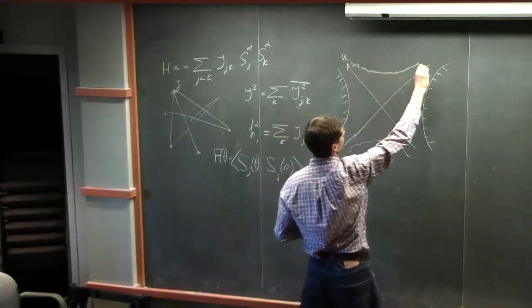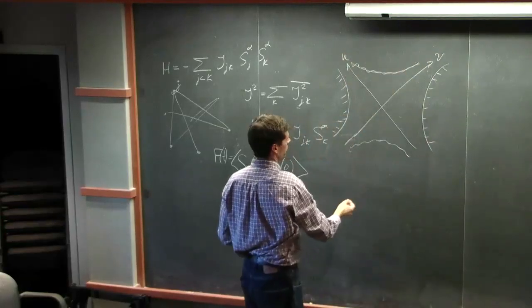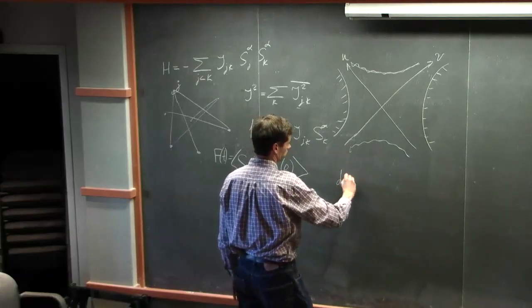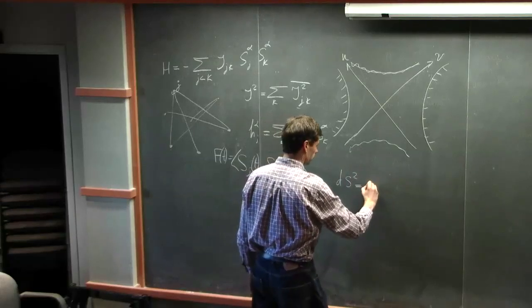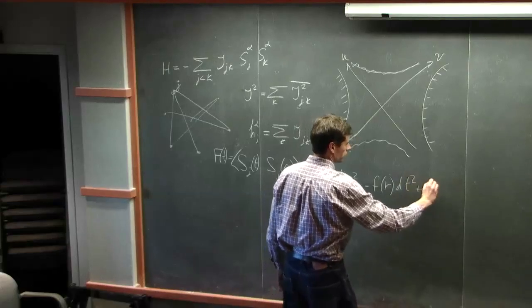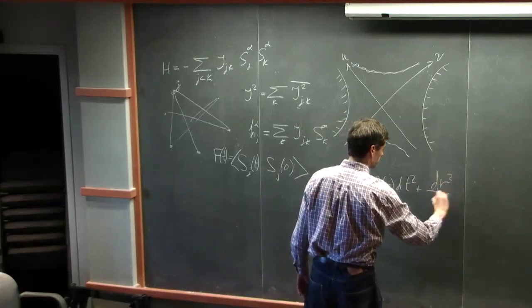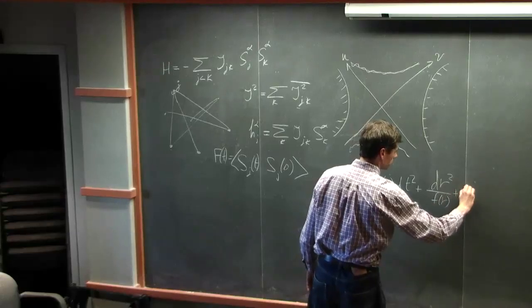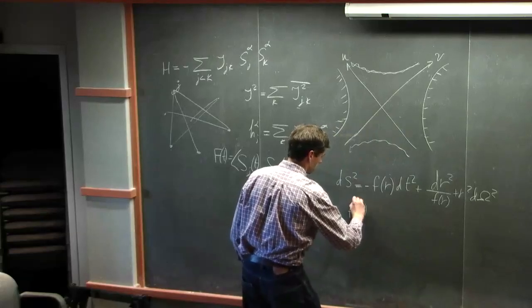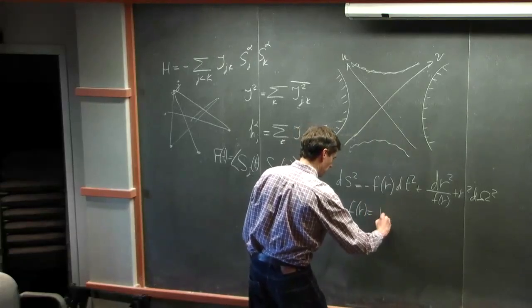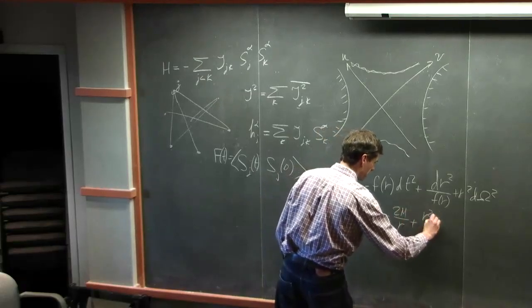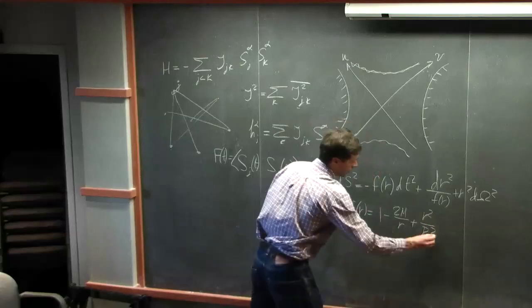So these are classical coordinates U and V, but we can also write the same metric in terms of the usual radial coordinates, and it will be something like this.